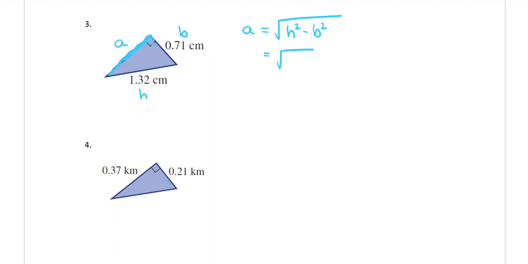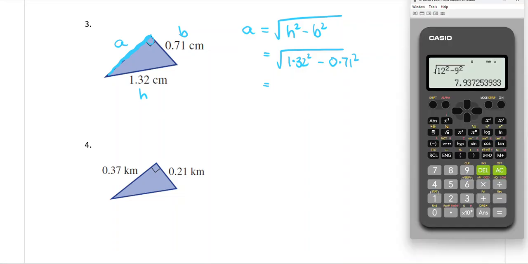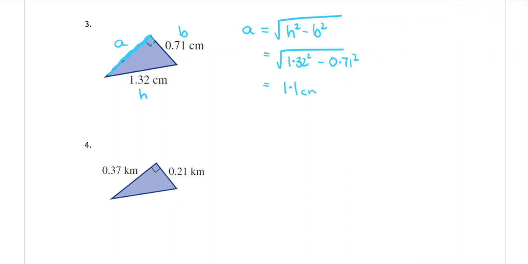Subbing in, we get the square root of 1.32 squared minus 0.71 squared. A lot of decimals in there, so type this one in carefully. 1.32 squared minus 0.71 squared. That is 1.1 centimetres.